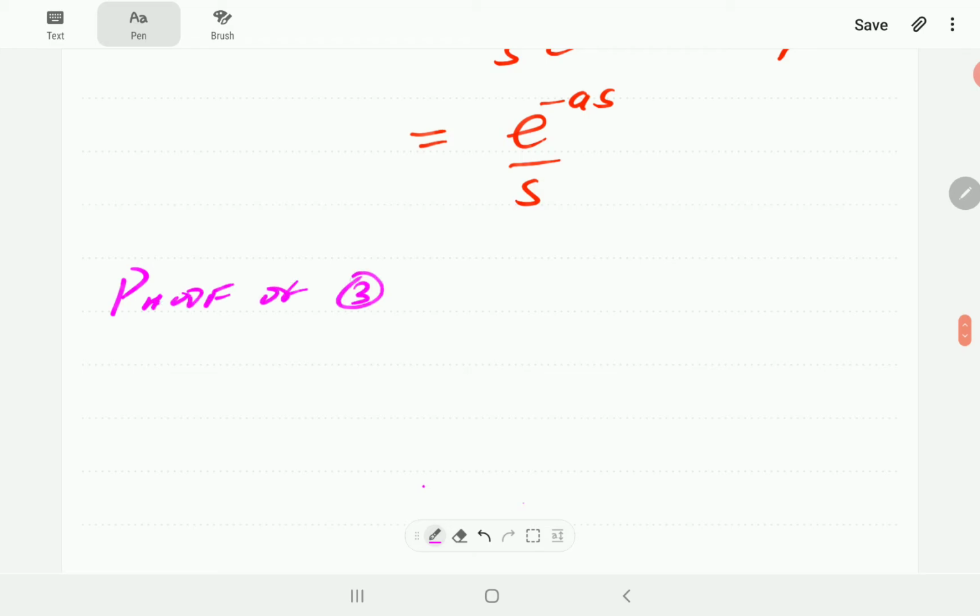So proof of 3. This time we've got the Laplace transform of h of t minus a times f of t minus a.